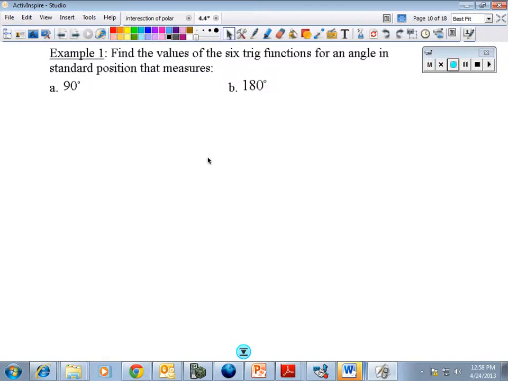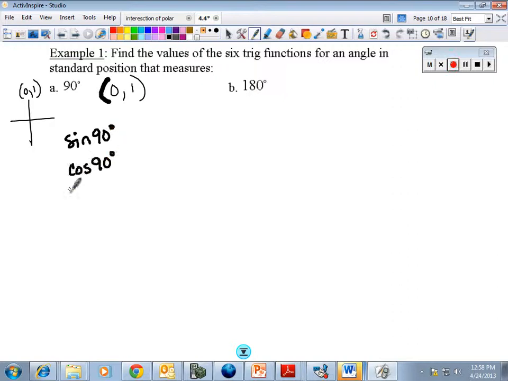It says find the values of the 6 trig functions for an angle in standard position that measures 90 degrees. So if you look at 90 degrees on your circle, that's the point 0, 1. 90 degrees is at the top. So what we want to do is find sine, cosine, tan, cosecant, secant, and cotan.